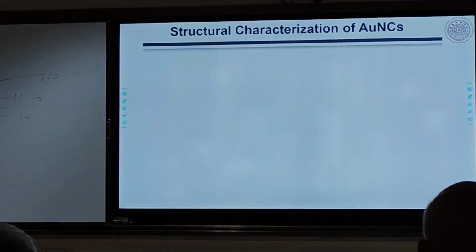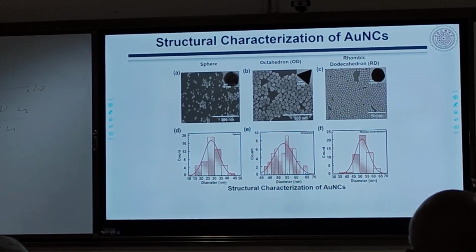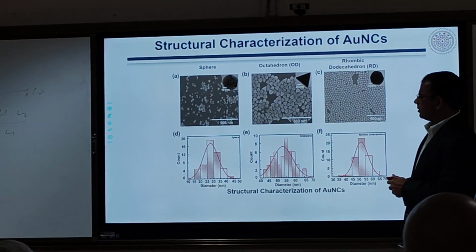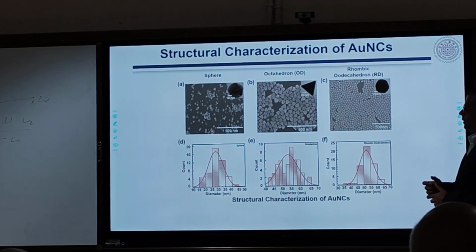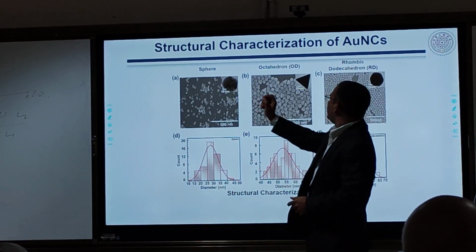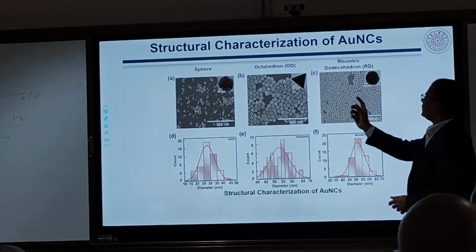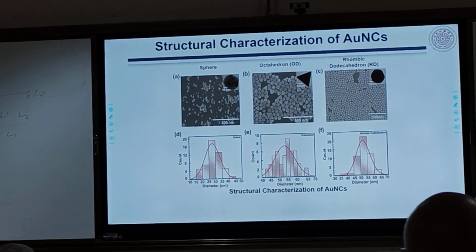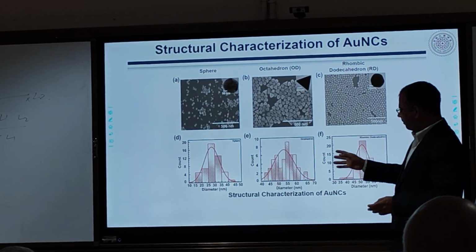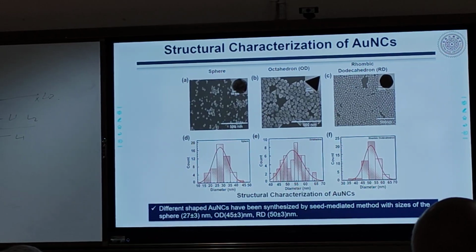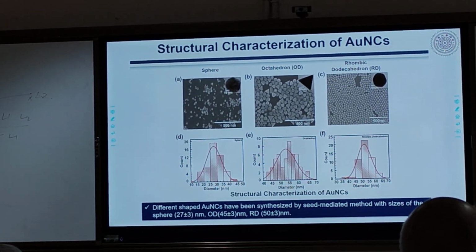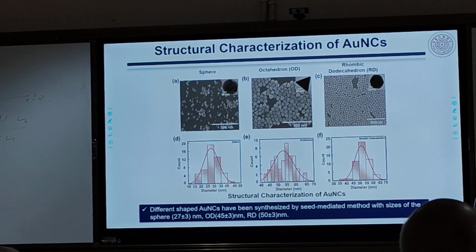Next, these are the nanoparticles we have synthesized by the seed-mediated method. This is the spherical shape, you can see. This is the octahedral shape, and this is the octahedral shape. The size distribution we have plotted and calculated, at near about 27 nanometers, 45, and 50 nanometers.